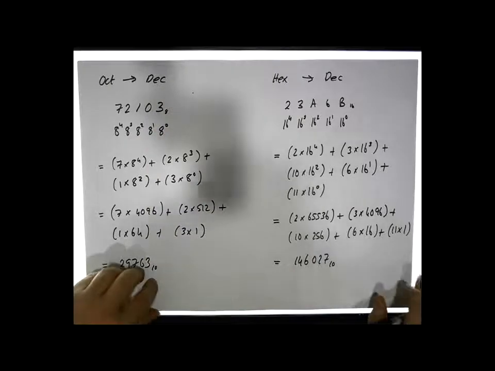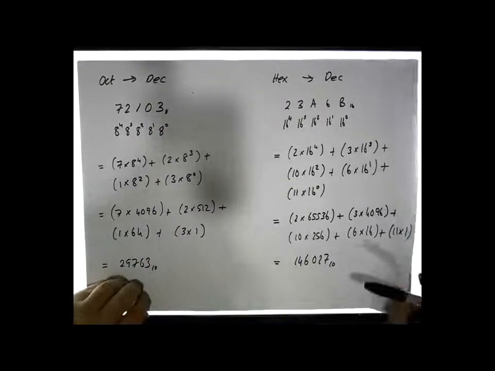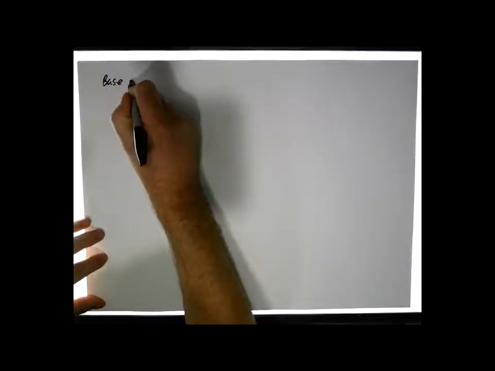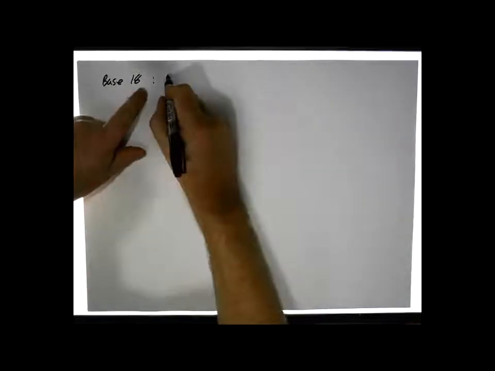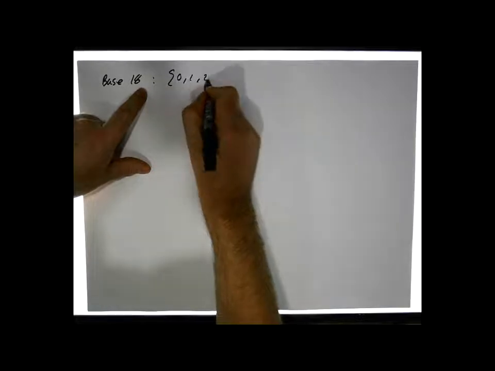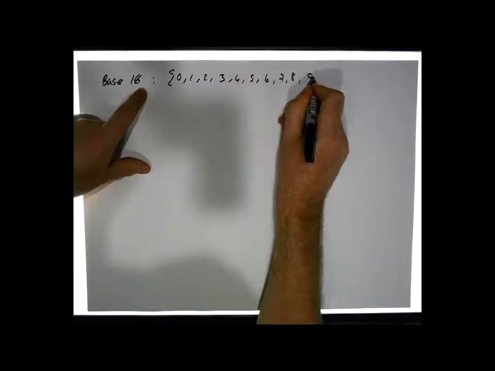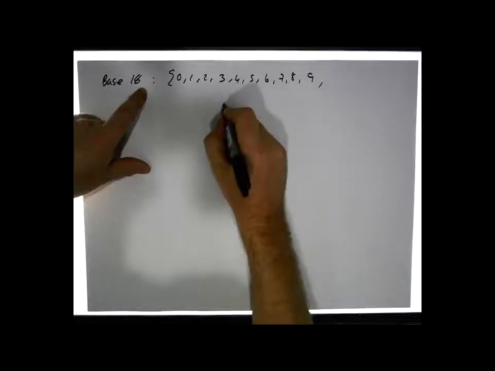Okay, so if you think about it, actually, I could create a new base system just to show you the way this works. I can create any base system. Let's say we have base 18. Okay, so what does base 18 look like? It has to have 18 digits. So I have 0, 1, 2, 3, 4, 5, 6, 7, 8, 9. Okay. Then we have, that's 10 digits.